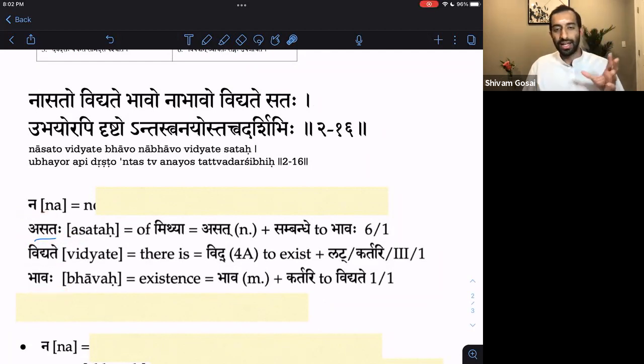Bhavaha. Existence is not there. Existence is not there for asat. Okay, existence is not there for asat. I know it doesn't mean much, but that's what we'll figure out what this means. But existence is not there for asat, non-existence. Non-existence does not have existence.